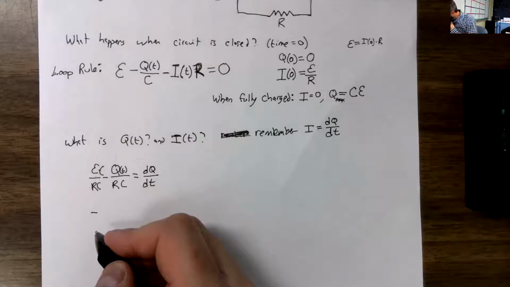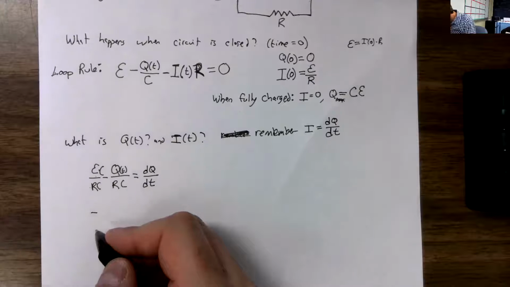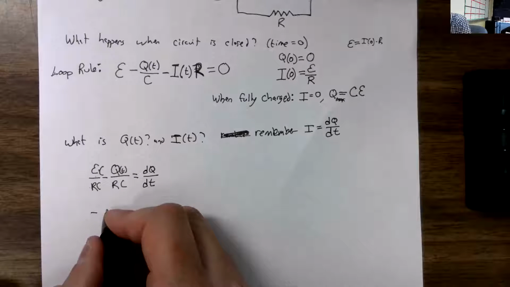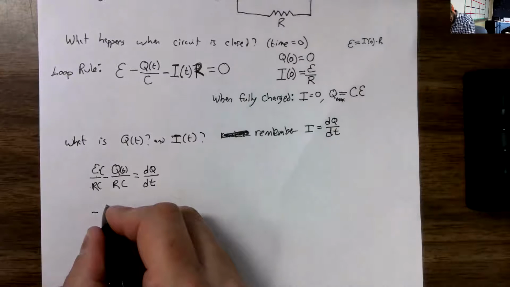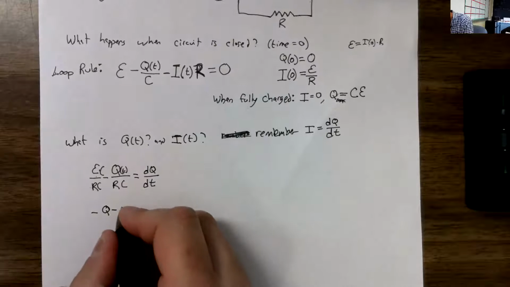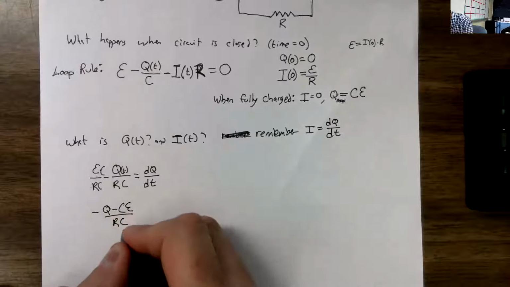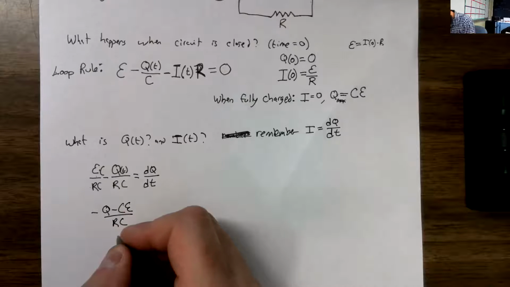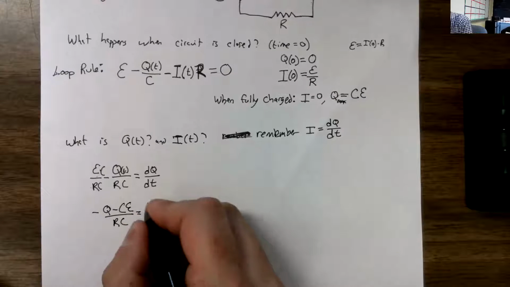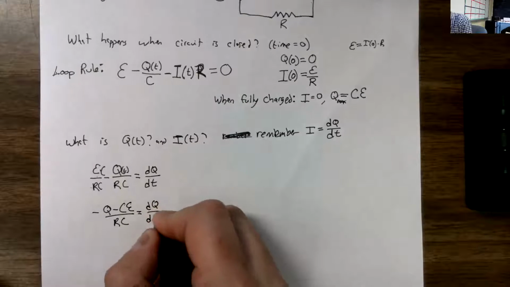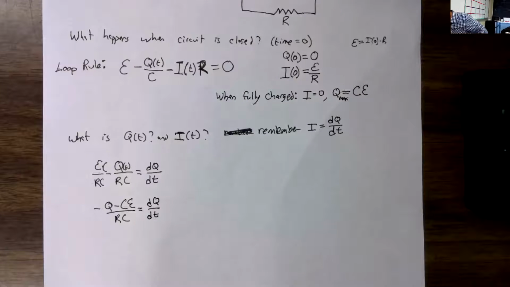Am I missing a minus sign somewhere already? Anyway, what I want to have is minus Q minus CE over RC equals dq dt. Is that right, or did I miss a minus sign there somewhere?